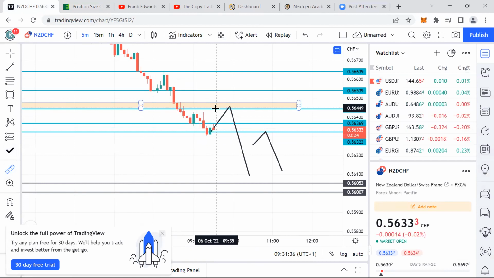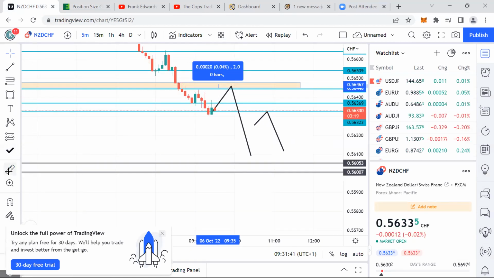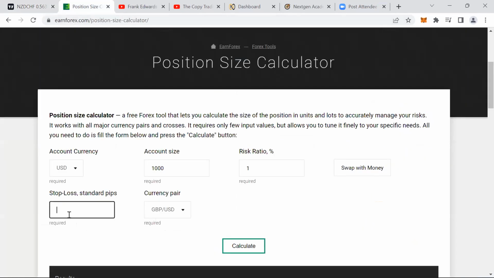Let's say this is our entry and this is our stop loss. You take this ruler to measure it. So this is our entry. We say 5 pips above. So here is our stop loss. So our stop loss is 13 pips. So we come here and put stop loss 13 pips.